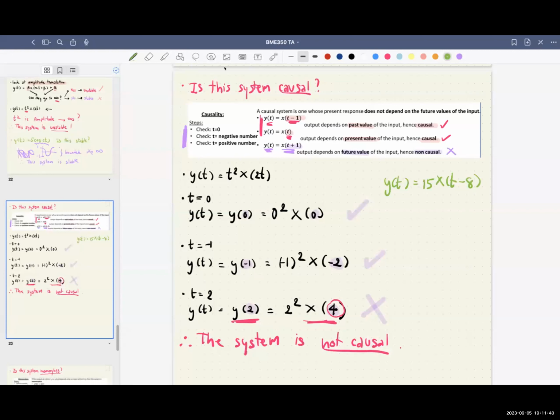Is it going to be causal? Yes, thank you, Jay. It is causal because t minus 8 is the past value of the input. Therefore, it is causal.